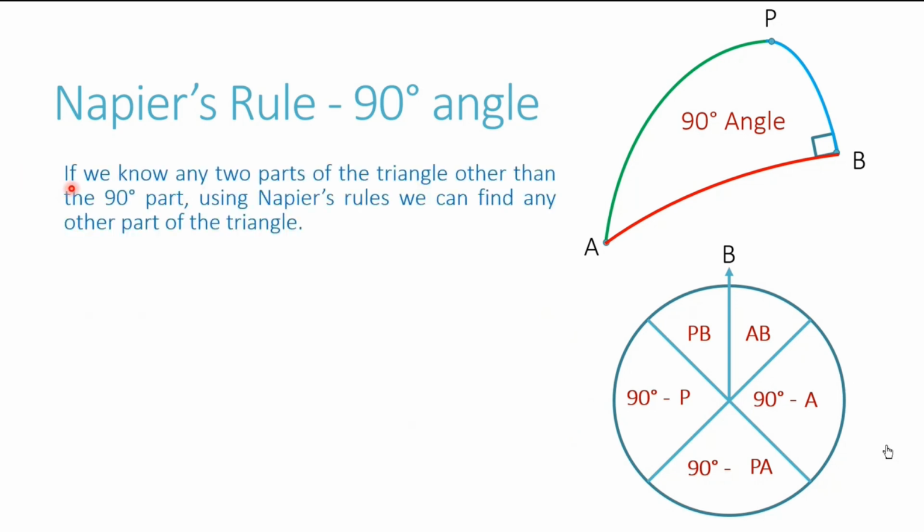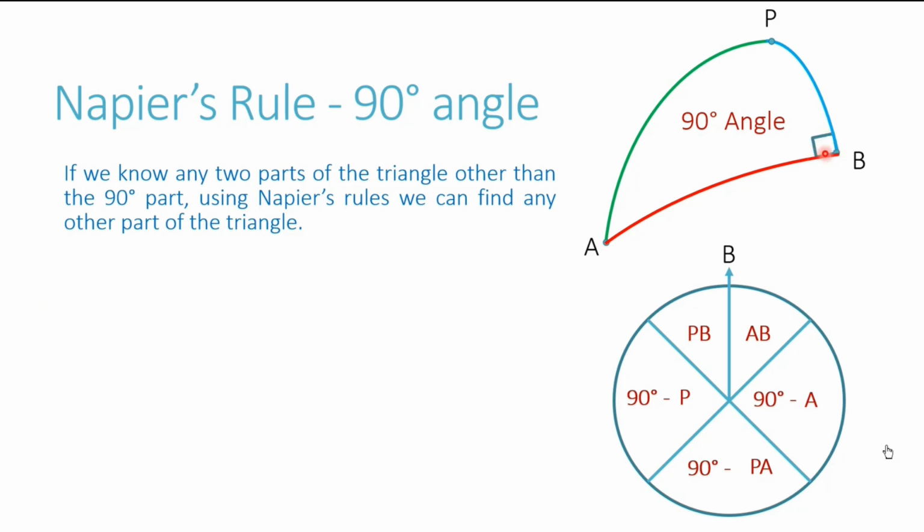As I told you, Napier's rule says if we know any two parts of the spherical triangle other than the 90-degree part, using Napier's rule, we can find any other part of the triangle. So the important thing to remember is that we should know two parts of the spherical triangle and they should be other than the 90-degree part.